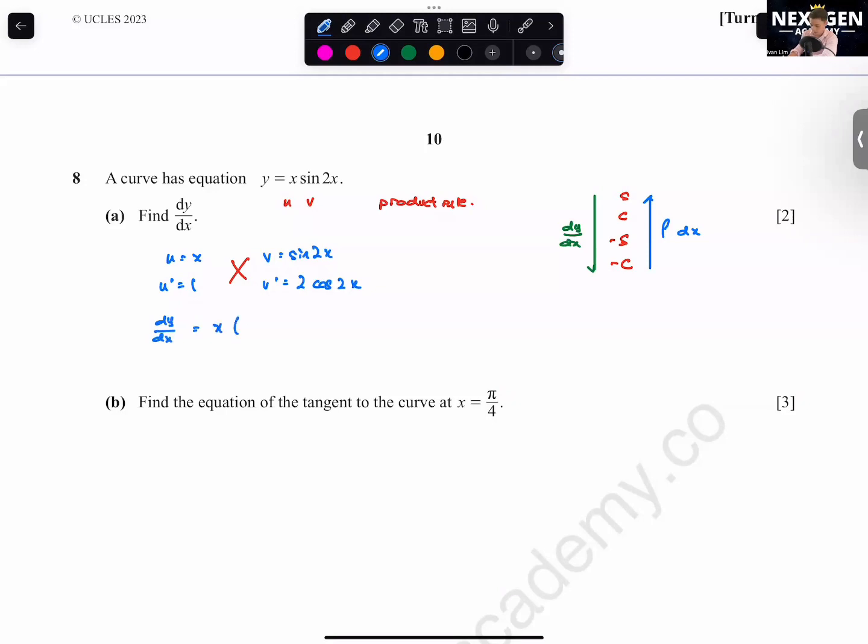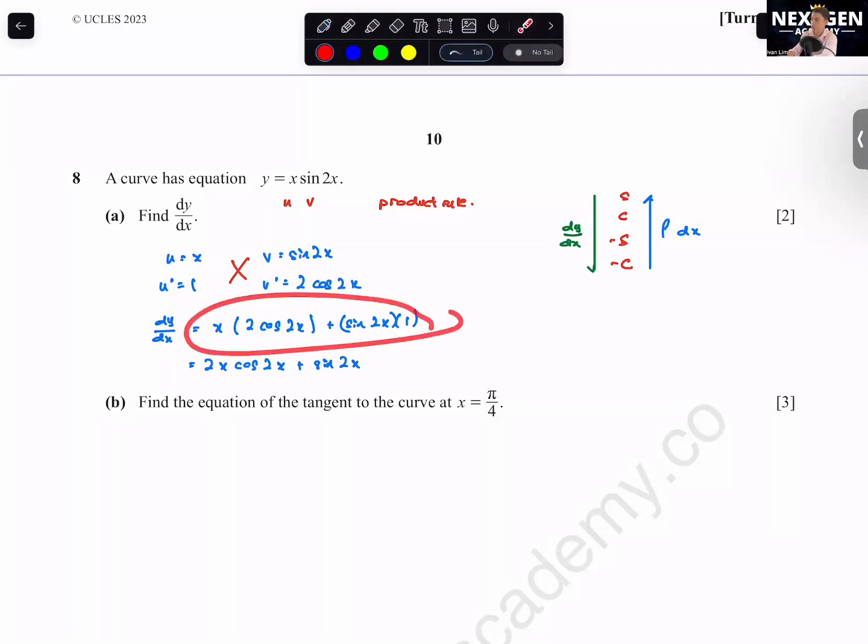So you get x times 2 cos 2x plus sine 2x multiplied by 1. You can just write it as 2x cos 2x plus sine 2x. 2 marks. Don't go and solve it or factorize it. In fact, here I think they give you full marks already.